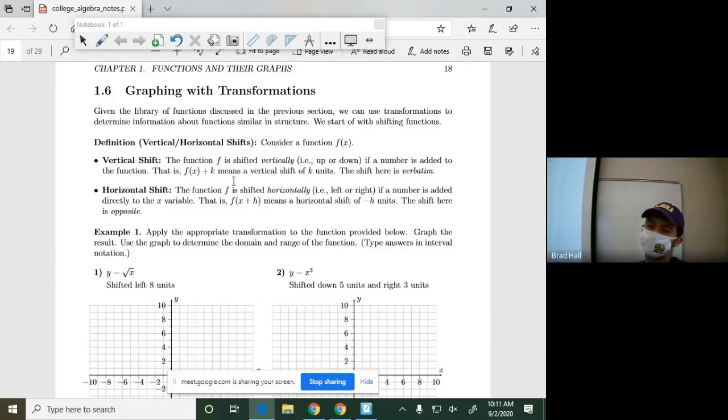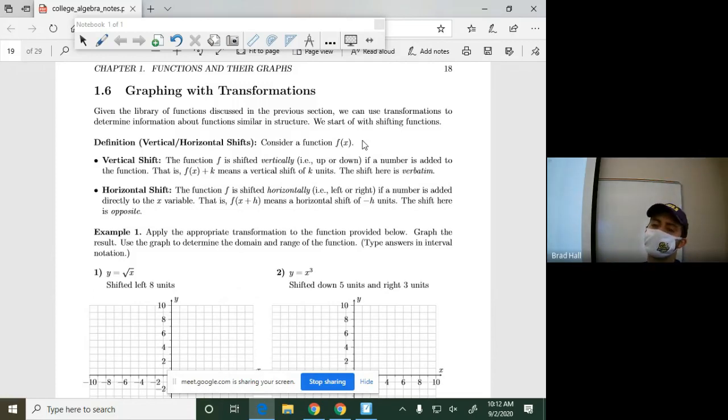So there's two types of shifting. Vertical shifting, which is up or down. As you've heard me say before, this is all based off of the idea of taking understandable visual ideas and converting them to an algebraic context. We all have this spatial awareness to interpret up or down.